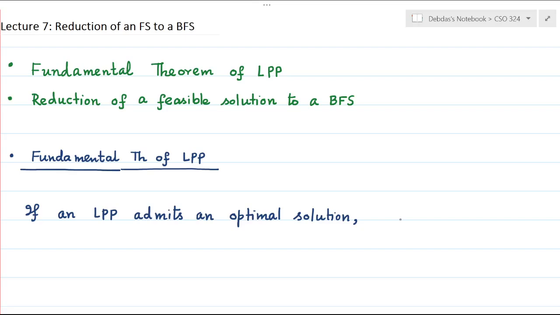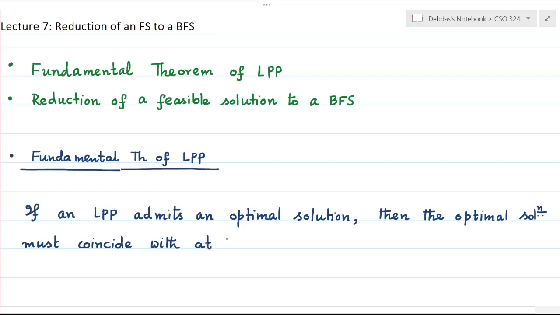If an LPP admits an optimal solution, then the optimal solution must coincide with at least one BFS of the feasible set.